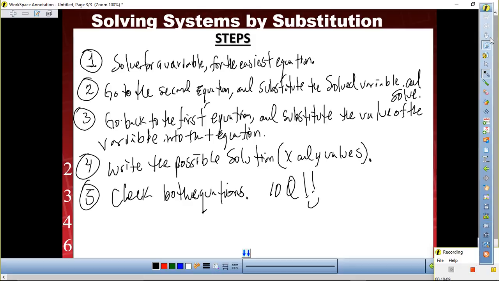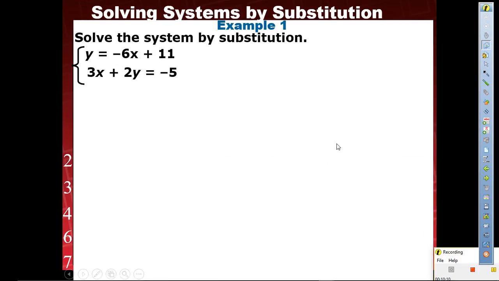Ready? All right. Example 1. Copy this, please. Solve the system by substitution. y equals negative 6x plus 11. 3x plus 2y equals negative 5. Jay, read us step 1.